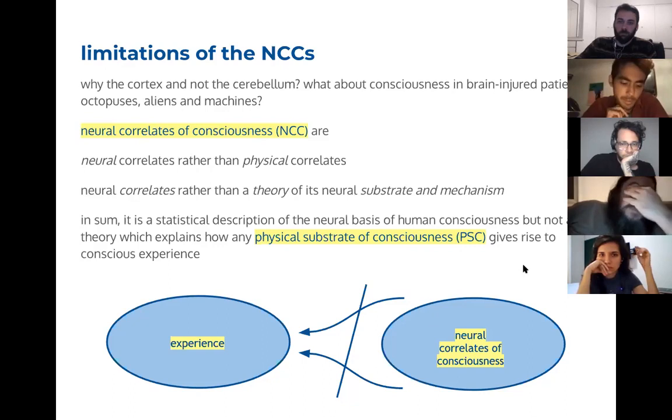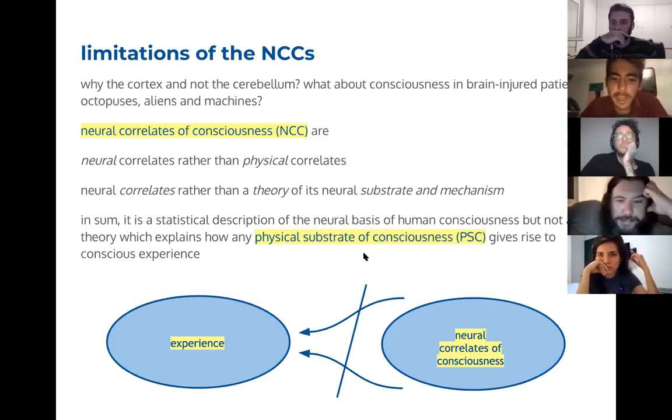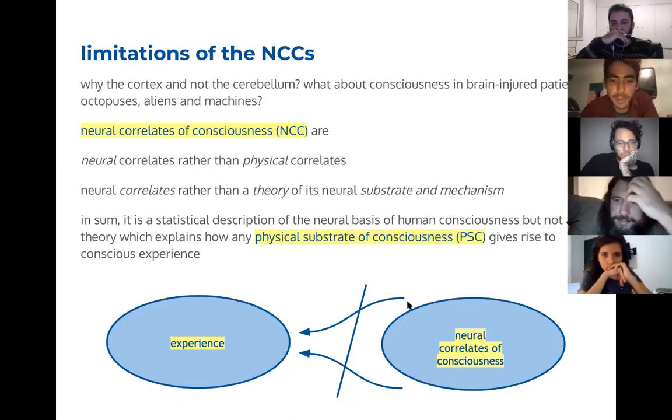So this leads us to needing some kind of theoretical approach that can deal with the general problem of what kind of physical substrate is able to engender consciousness. This is more or less where IIT sets in.